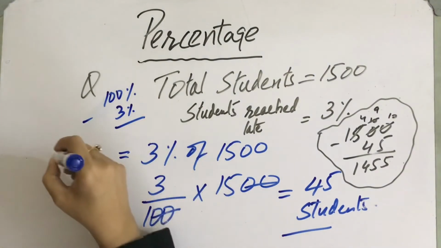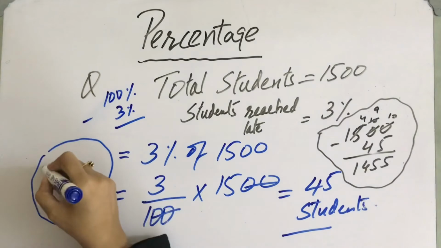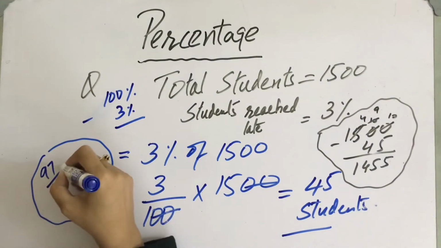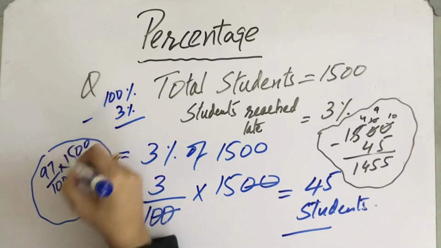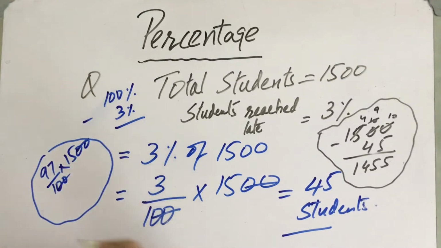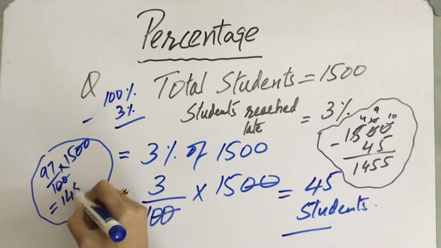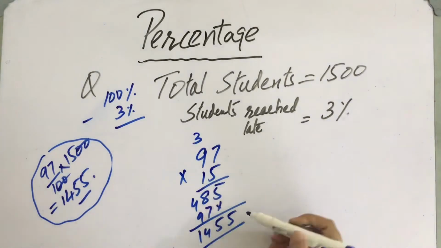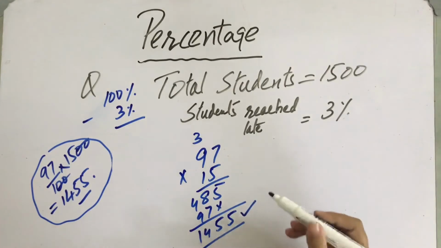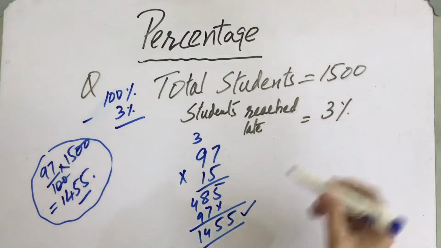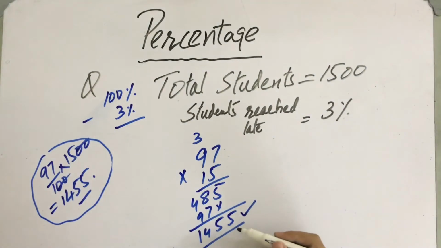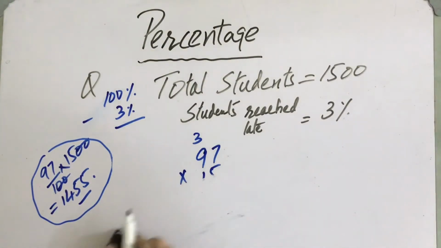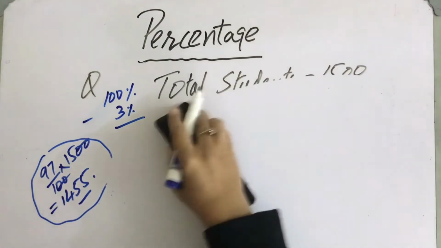So if we find 97% of the total, we can have the same answer. If we multiply this 97 with 15, we will definitely have 1455. You can check. If we find 97% of the total, we get 1455 who were on time. And if we subtract the number of students who were late, 45, from 1500, we get the same answer, 1455. So in this way, we can approach the answer in two ways.